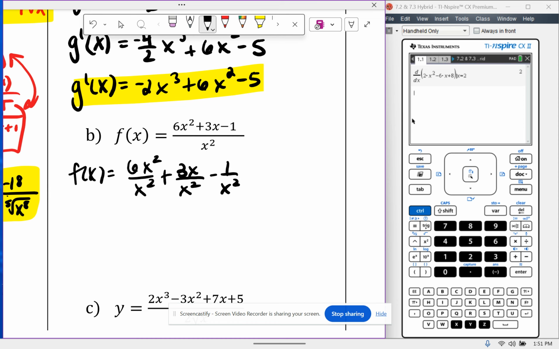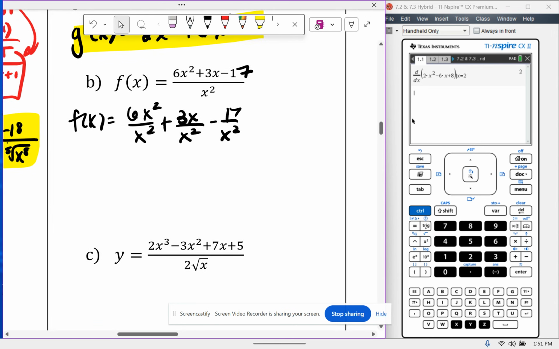Ours is 17. It's supposed to be a 7. Like instead of minus 1, it was minus 17. On yours? Oh, interesting. All right. That still works, right? That's weird. I don't know why it does that sometimes.